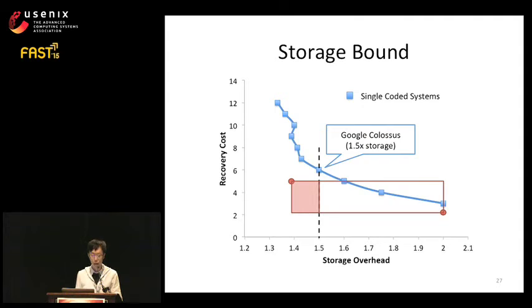Furthermore, we also set a storage bound, to make sure that the system always stays within a particular storage overhead. For example, we can choose 1.5x for this case, which is used in the Google Colossus production system. And to bound this storage, we need 2 extra coding methods for support.